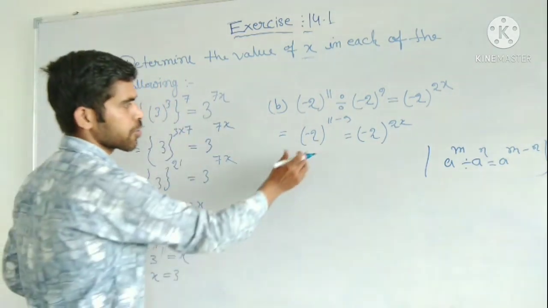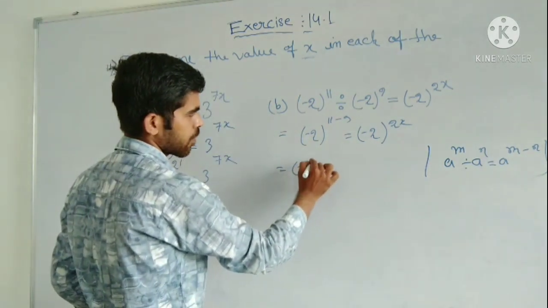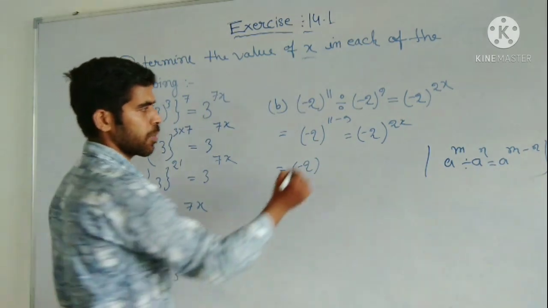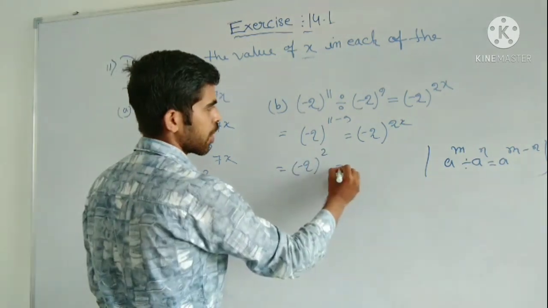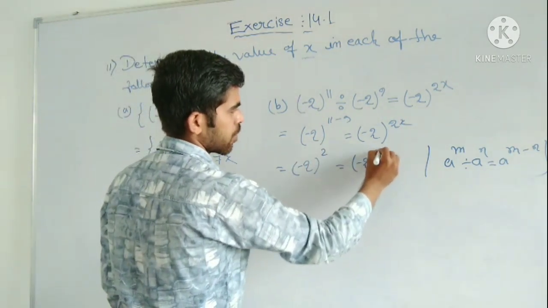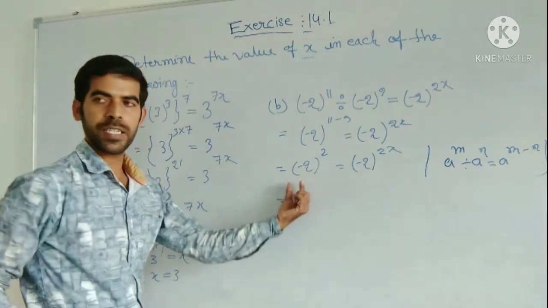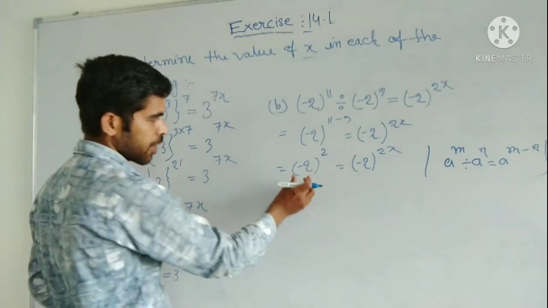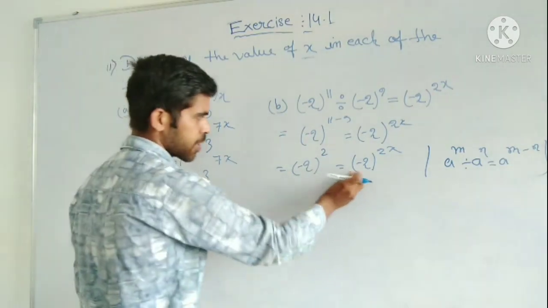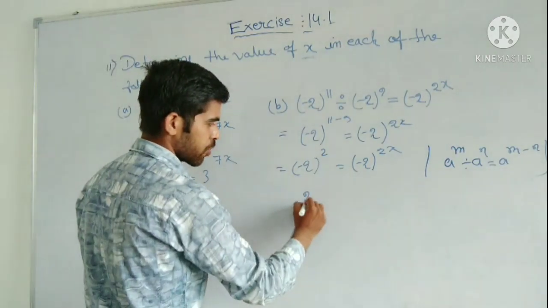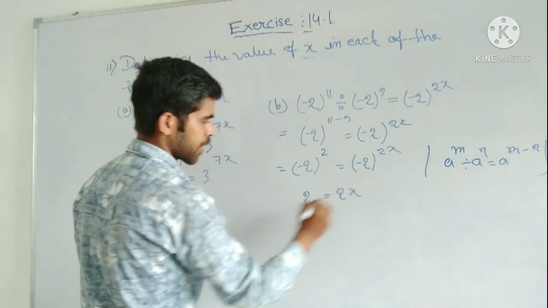So now see, 11 minus 9 is how much? 2, and there 2 to the power x. Now the bases are the same, so no need to give an equal sign. Just omit the base, 2 and 2.